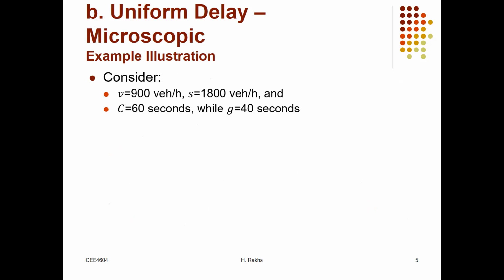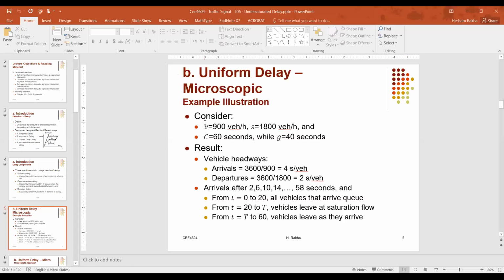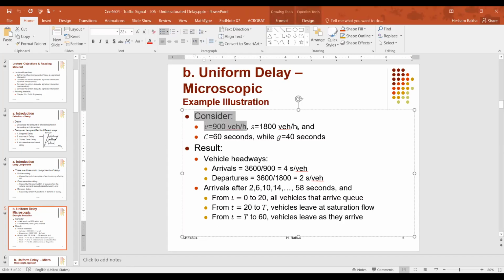So let me actually copy this. Let me just get out of the display mode. So let me just copy this. And let's go to OneNote, and we'll try to solve this in OneNote.